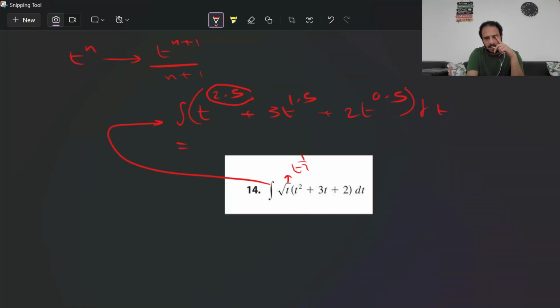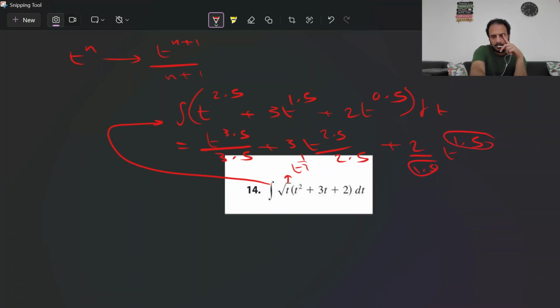Just add 1: 2.5 plus 1 is 3.5. You divide by 3.5. Then here you have 3 times t to the 2.5 divided by 2.5, plus 2 over 1.5 t to the 1.5, because here you divide, okay, plus c. Is it clear?